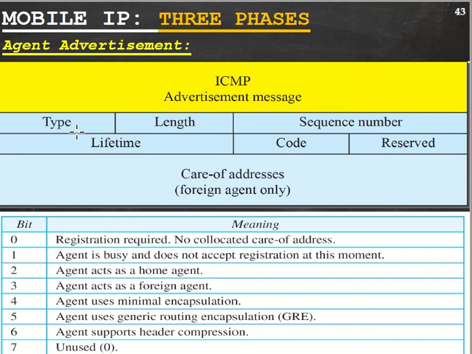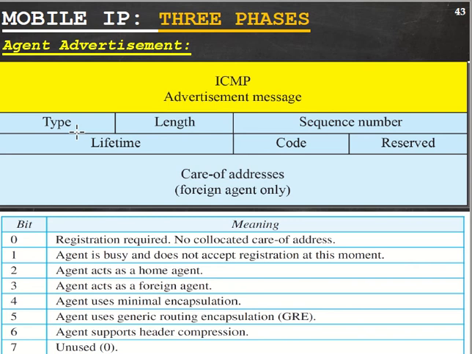Next one is code. A code field is an 8-bit flag in which each bit is set to 1 or unset, that is 0. The meaning of these bits is shown in the table below. If the bit is 0, the meaning is registration required, no collocated care of address.